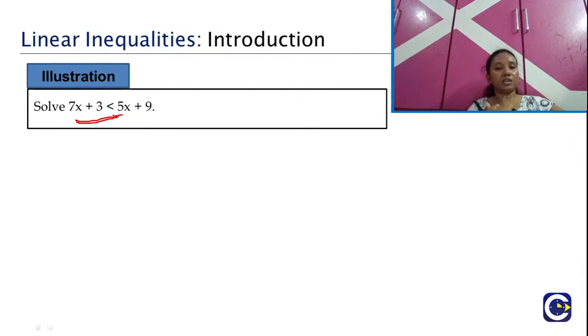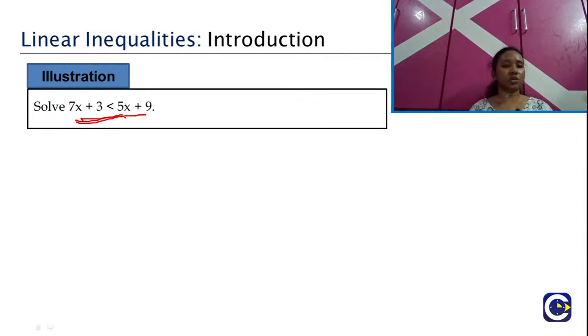Come on guys, quickly. Okay, no doubts. Here a very simple inequality I have given so that you can have a handy practice with finding the solution of linear inequalities.